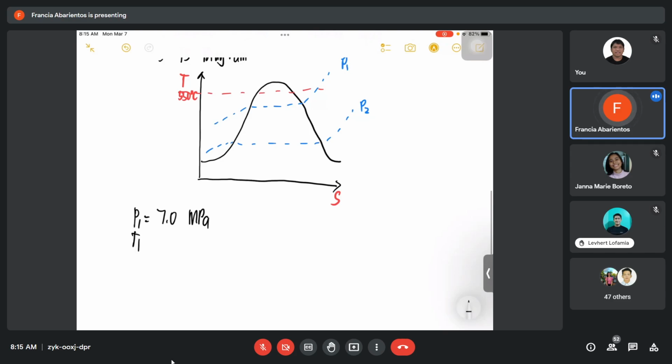Okay, what is the T saturated of 7 MPa? Anong page yan? Page 12. T sat is 285.88.